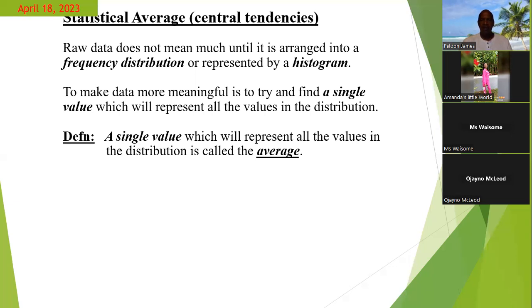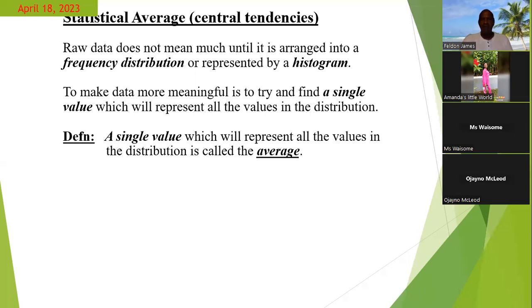So the average of the score would be halfway between 1% and 100%. So the average would be in the middle, which is 50. So most of the time, the pass mark for any exam would be 50, because that would be the average score that represents all the scores in the data, right?